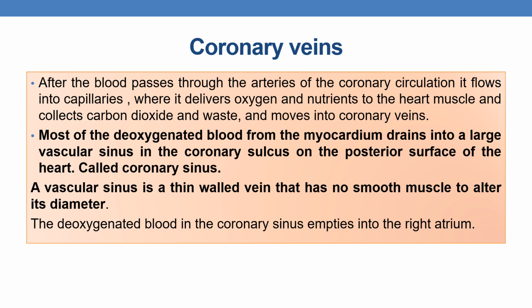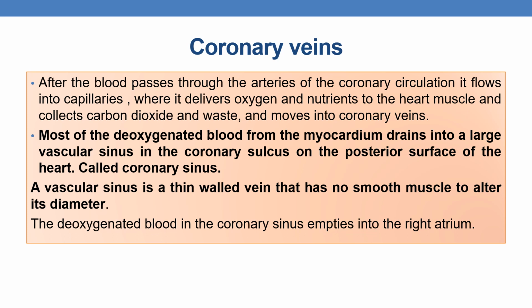from the myocardium drains into a large vascular sinus in the coronary sulcus that we have discussed earlier. The right atrium receives blood from three sources: the coronary sinus, superior vena cava and inferior vena cava. Most of the deoxygenated blood from the myocardium drains into a large vascular sinus in the coronary sulcus on the posterior surface of the heart called the coronary sinus.